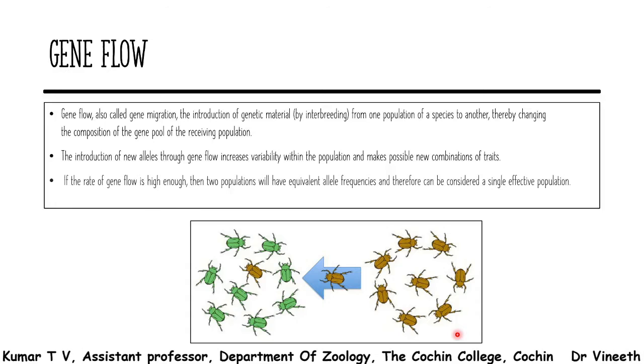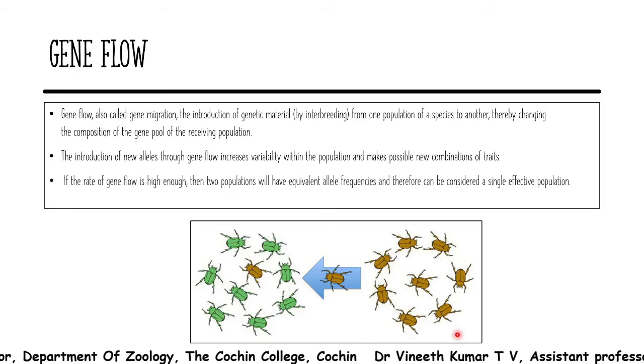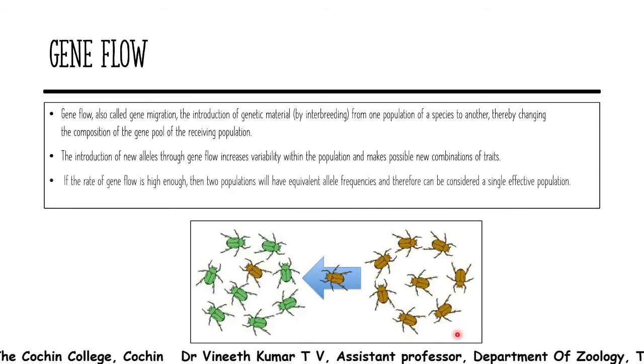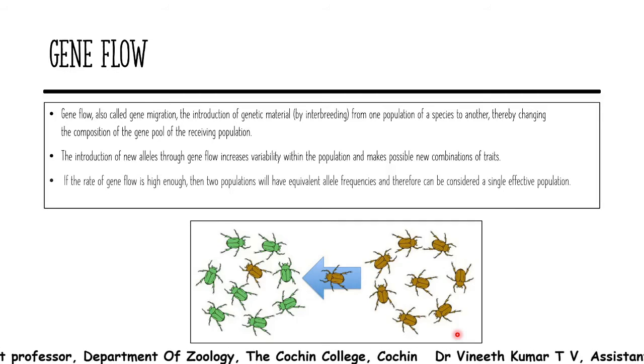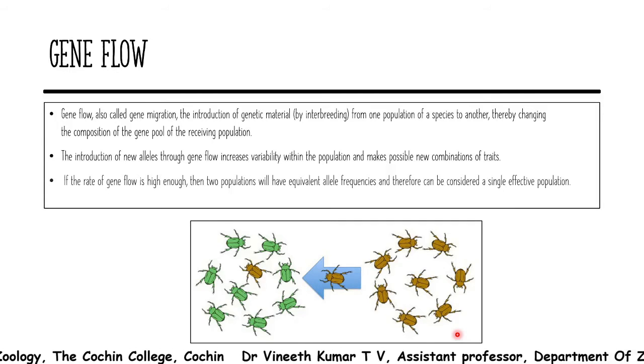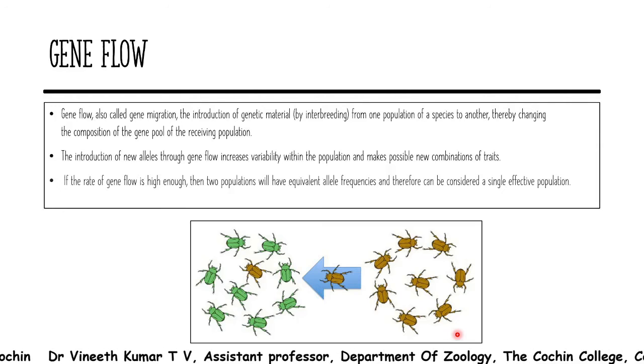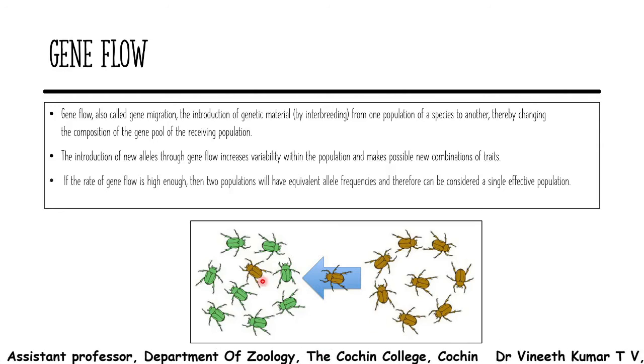After many years, if gene flow is happening, if migration is happening, you come to the same place. You are observing the beetles present on the right side of the mountain and also on the left side of the mountain.